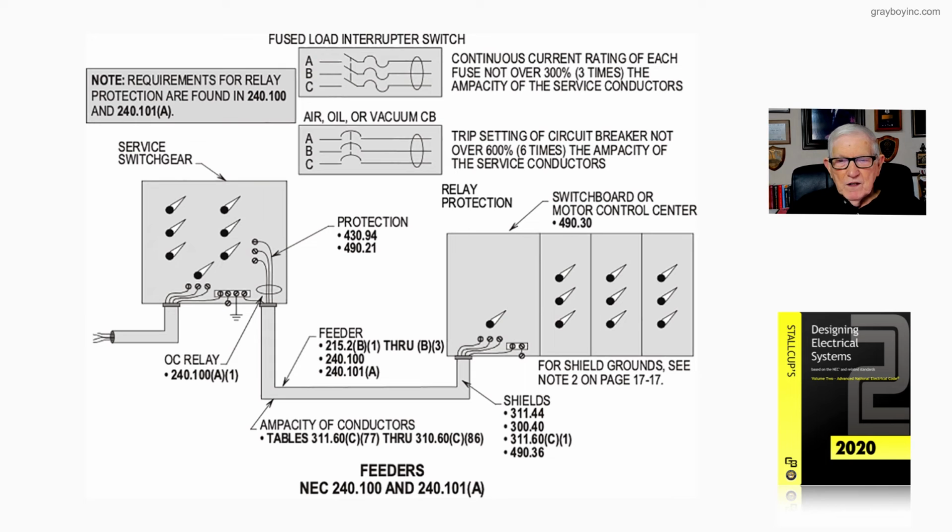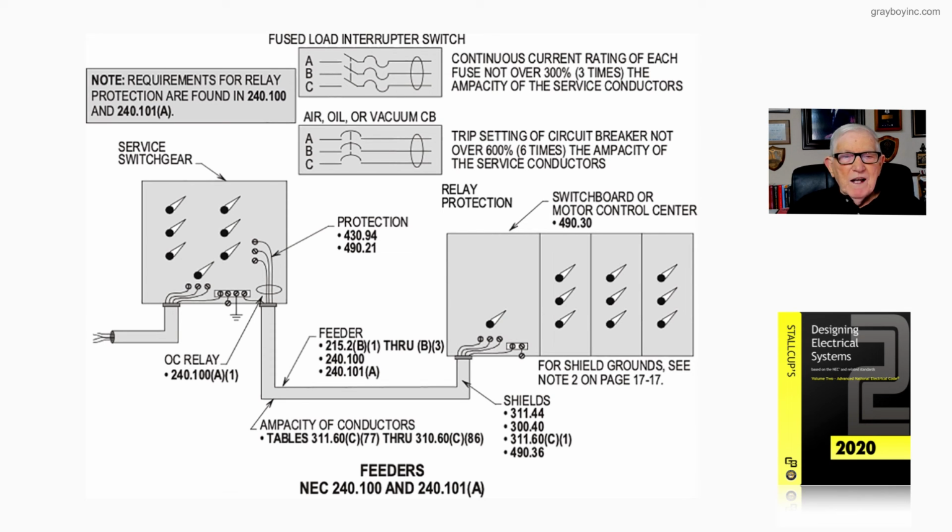Well, 311.44, 300.40, 311.60C1, and 490.36. And then for shield grounds, see note 2 on page 17-17. And I think you have a pretty good outline of what we're doing here.